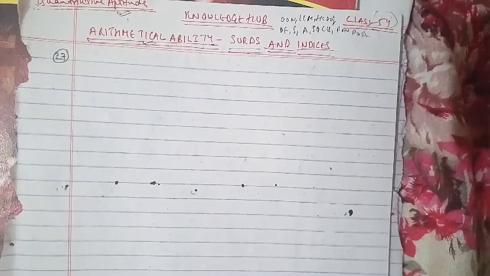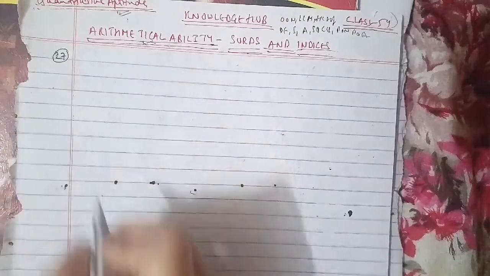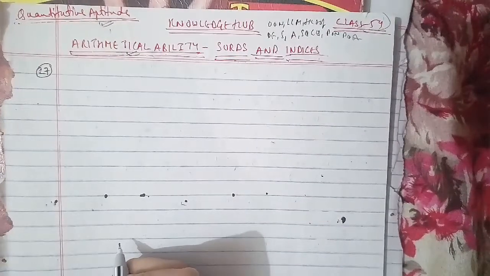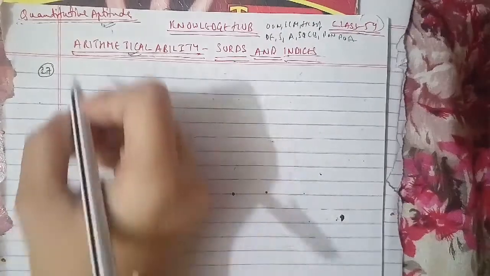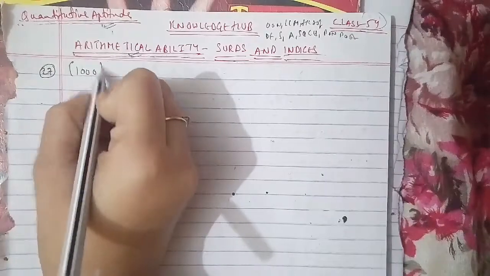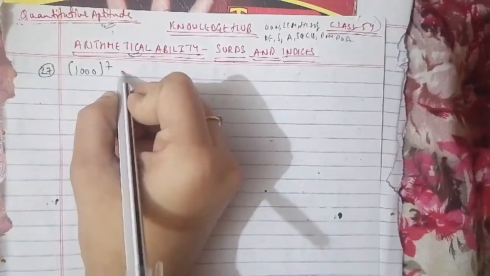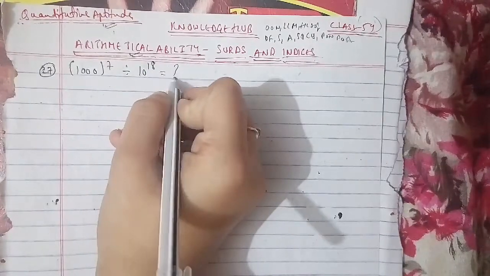Other than this, we have to start with the 27th question of surds and indices. We did 26 questions in the last class. So here we go ahead with the 27th question, which is as follows: 1000 power 7 divided by 10 to the power 18 is equal to what? This was asked in a bank PO question paper.